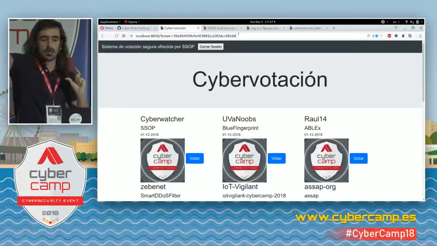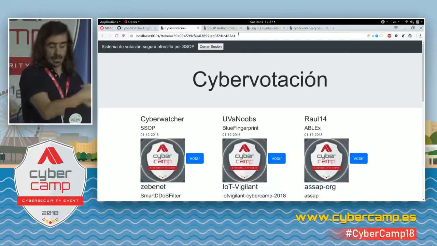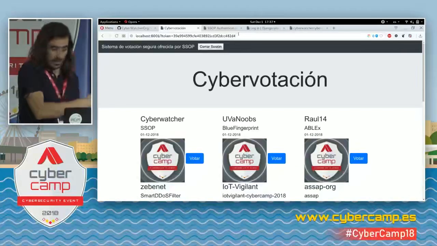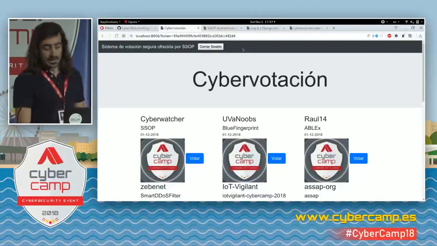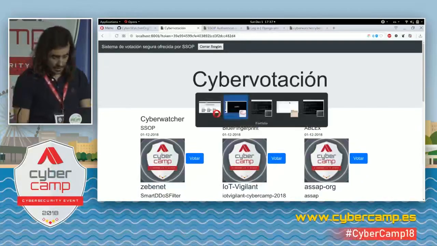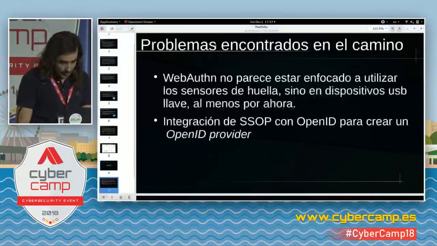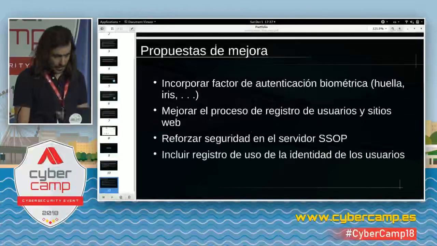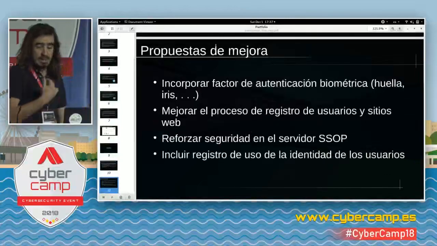But we now have the token, and the voting website could then register access, the vote, and then close the session. Oh, sorry, the closing session button doesn't exist yet. We had no time to do that.